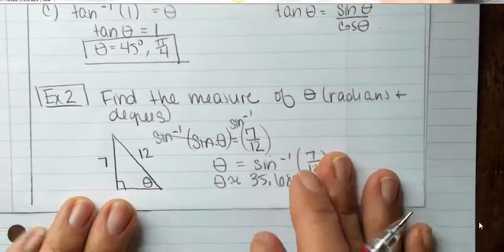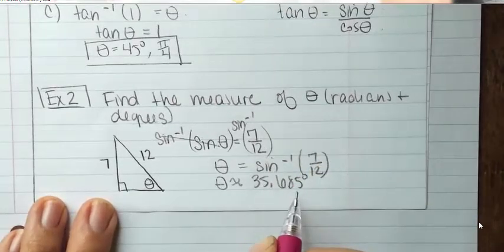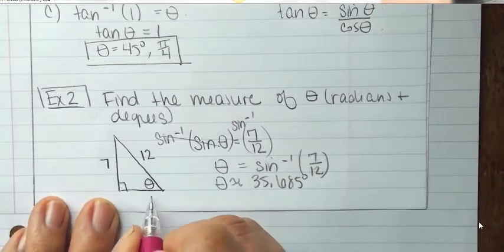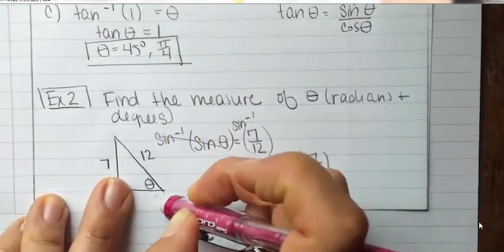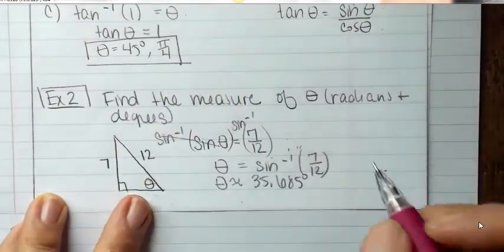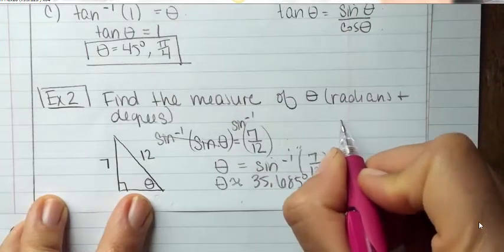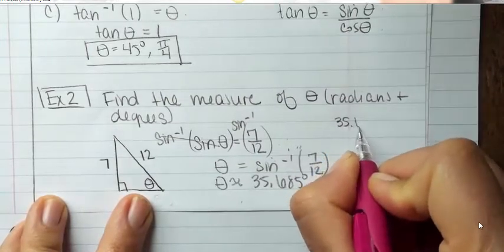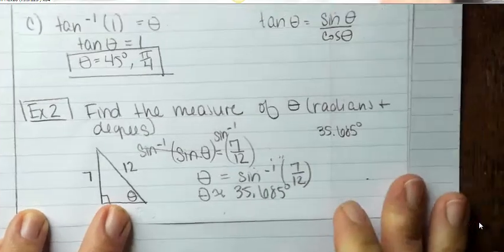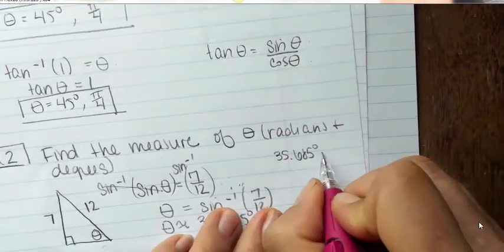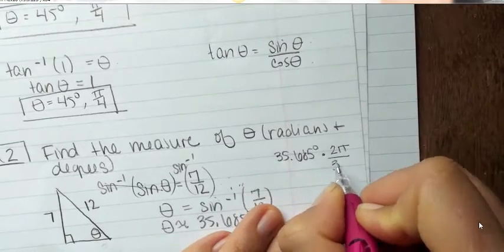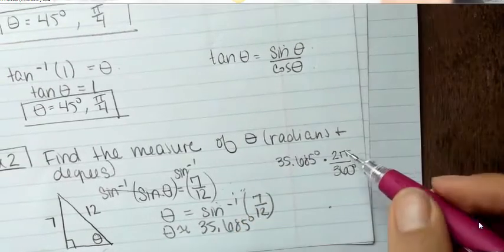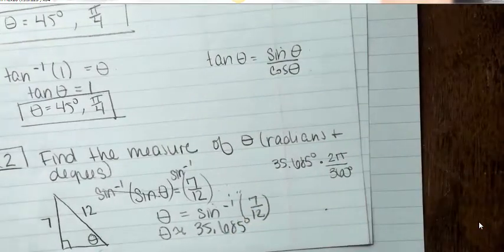Or, just as a nice little review, I can take 35.685 degrees and multiply it. Well, I know that for every 2 pi radians, there's 360 degrees, or for every pi radians, it's 180. Either way, however you want to do it.